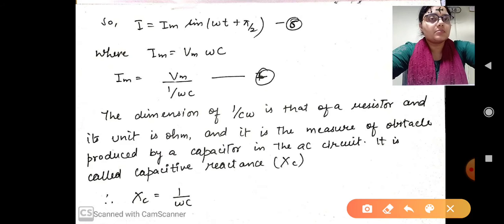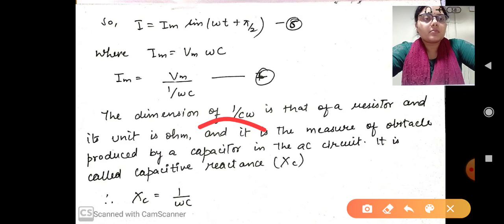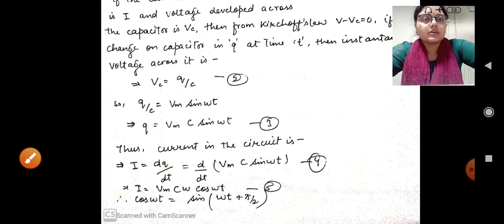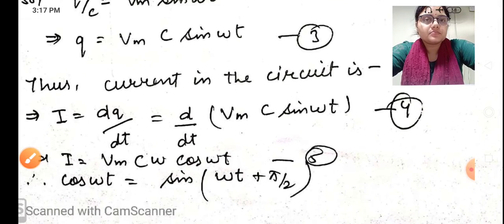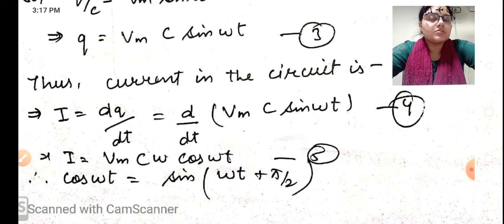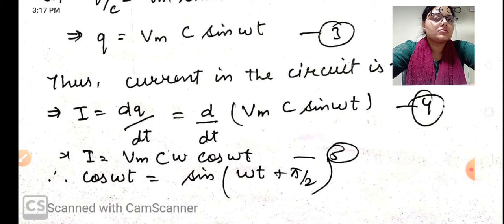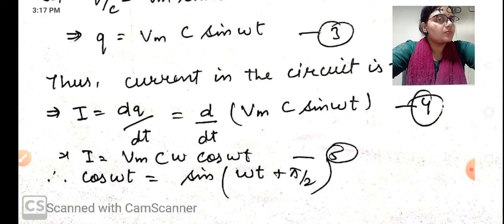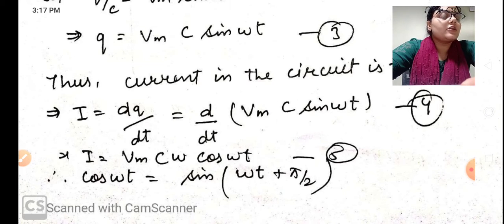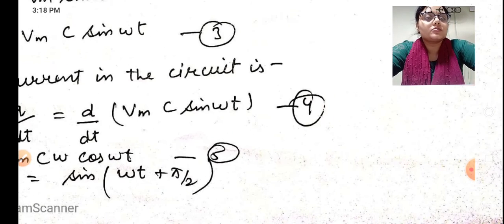From equation number 5, I am taking this value: I is equal to Vm into cos omega t, which is your sin(omega t plus pi by 2).